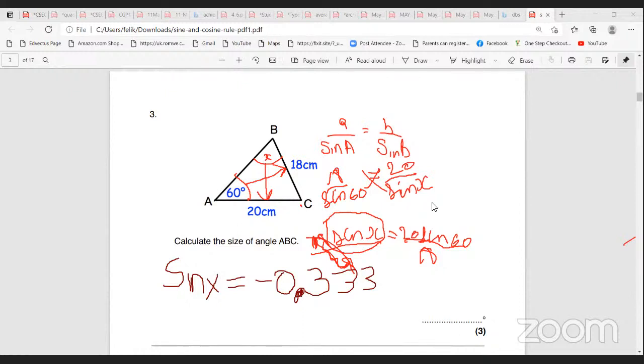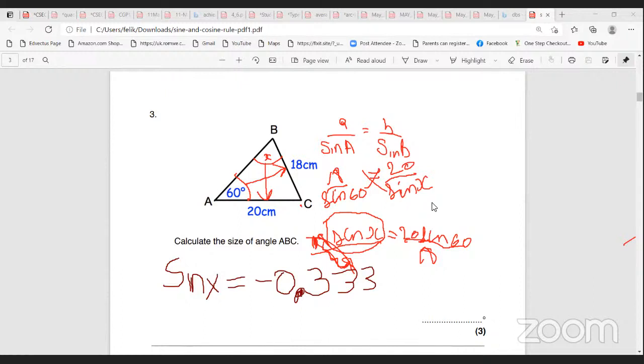Miss, when I calculate it, there's a bracket before the 60, then I put a bracket after the 60, then I got 1.12 or something like that. And when I take off the bracket, I got something different. What I want you to do is to put 20 sine 60 in one bracket, then divide by 18.